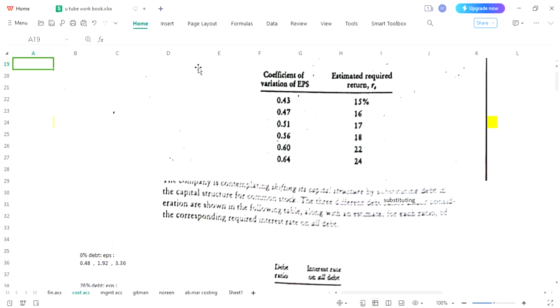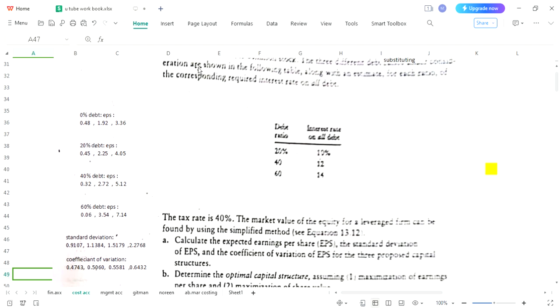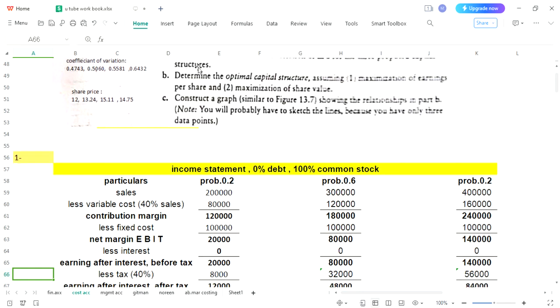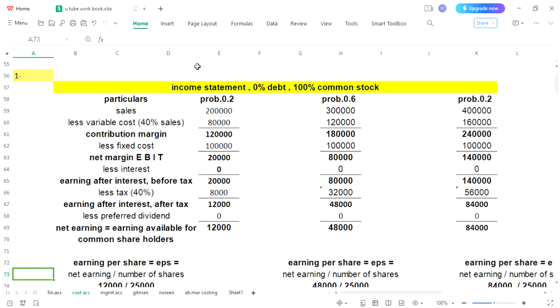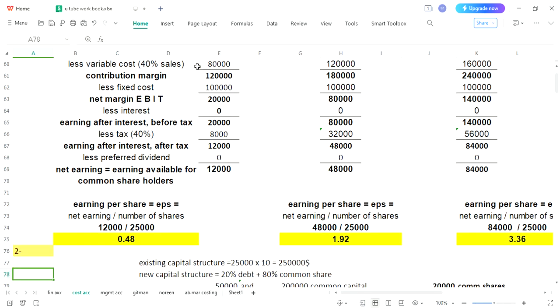and you can now again see the length of this question. Three parts we had to use. Three different video lectures were made to complete this one single question. First part, the income statement in front of you, where we created EPS for the first probability, 0%.